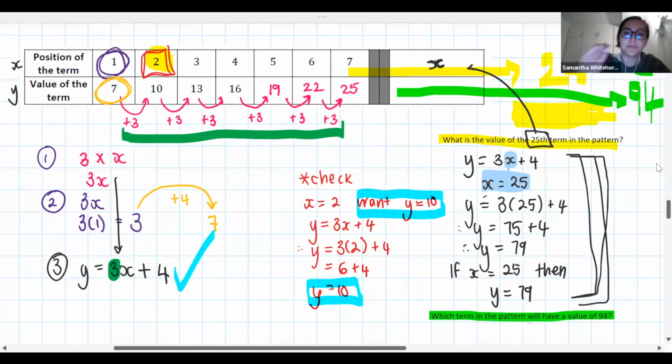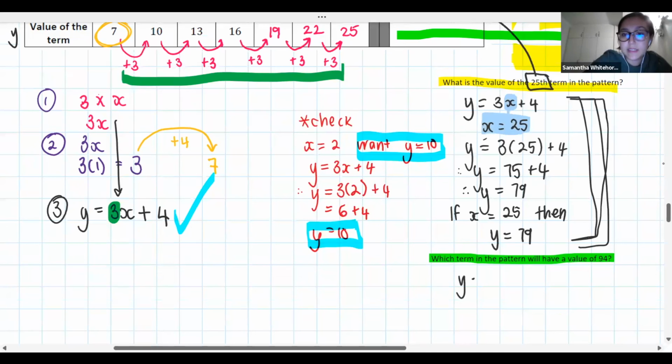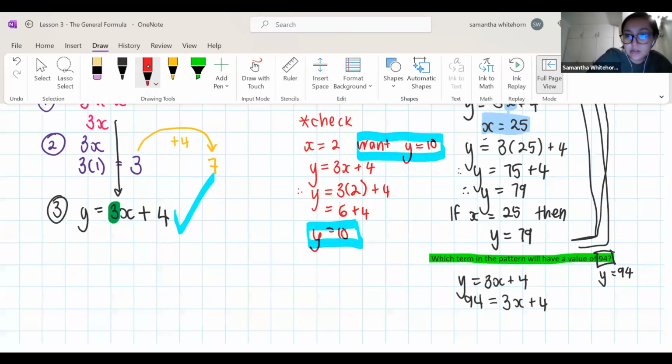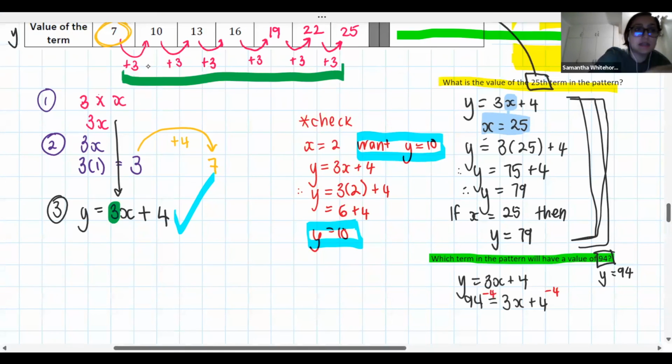Okay, good. So let's have a look. Then we use our rule. Y is equal to 3x plus 4. The difference now, though, is I'm telling you that y is equal to 94. So I substitute that in, and now I'm solving for x. So I'm using inverse operations. Very, very important. So the first thing I do, subtract 4 on both sides.